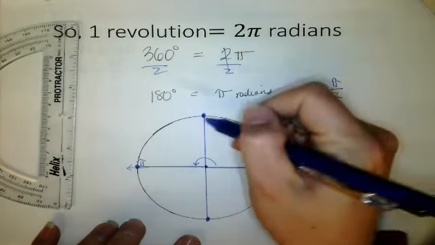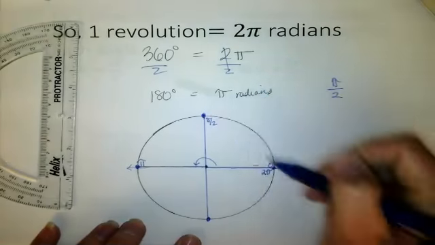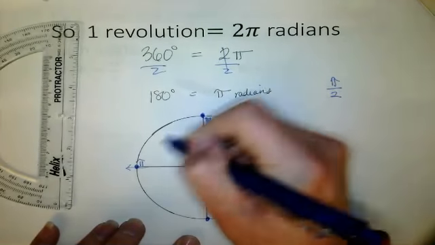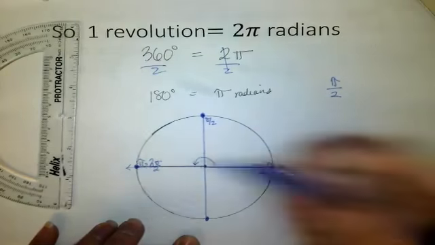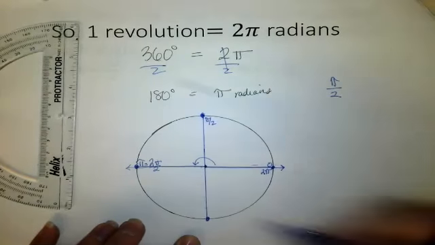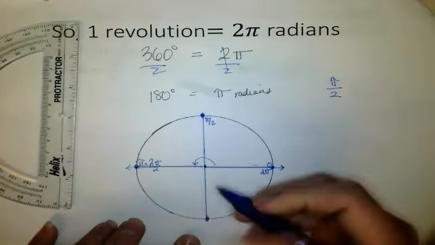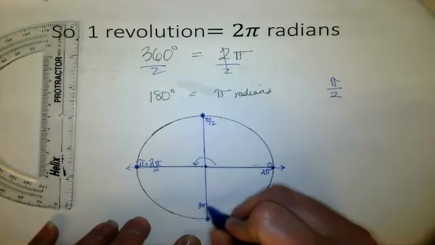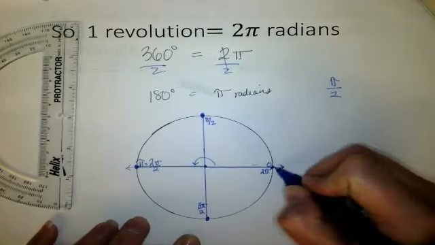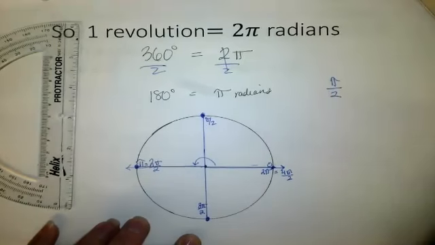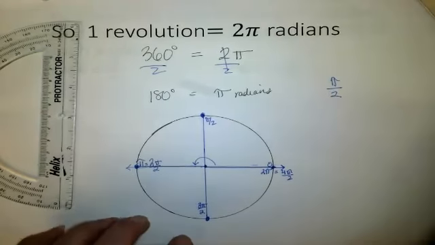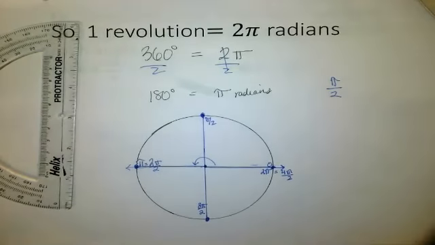And so if this is 1 pi over 2, opening up 1 pi over 2, this would be 2 pi's over 2, which reduces to pi. And then if I keep counting around, this would be 3 pi's over 2. And then all the way around would be 4 pi's over 2, which reduces to 2 pi. Okay? Does that make sense to you?